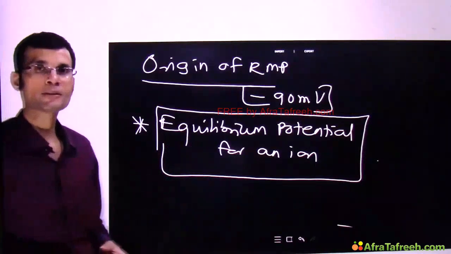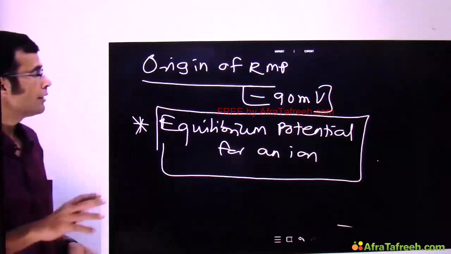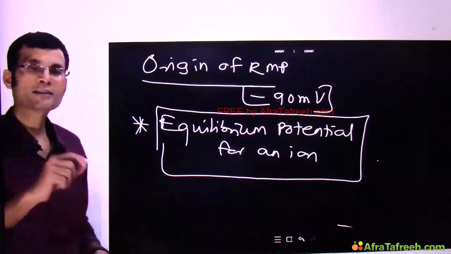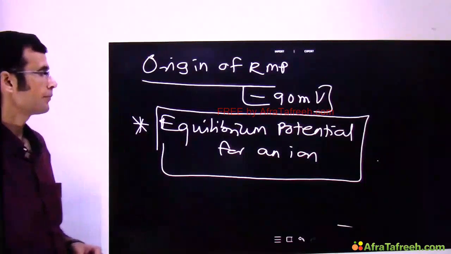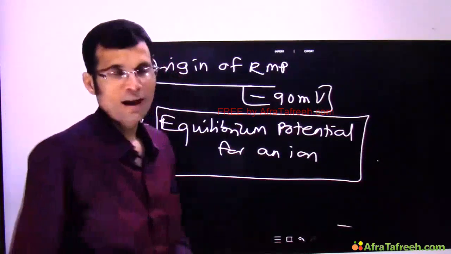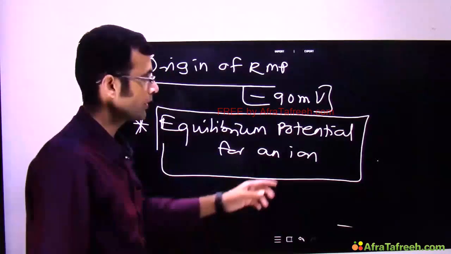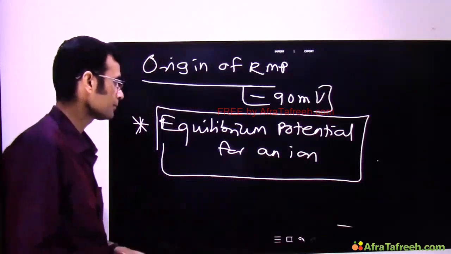Take same four options: sodium, potassium, calcium, chloride. Or equilibrium potential for which ion is highest? Sodium, potassium, calcium, chloride. Well, highest equilibrium potential is for calcium. We will see that in the due course of this discussion.